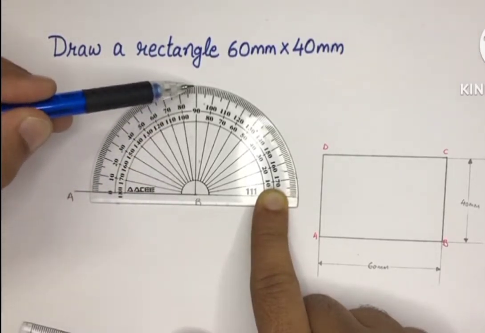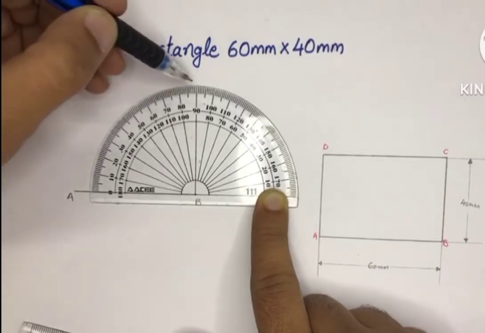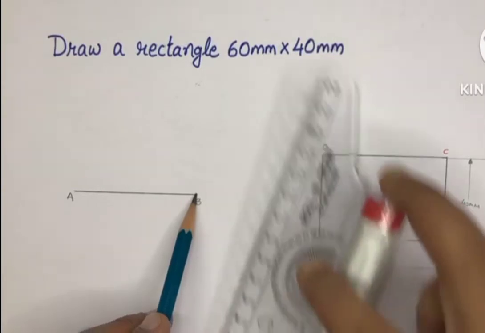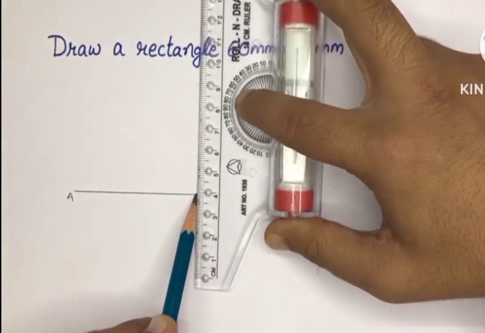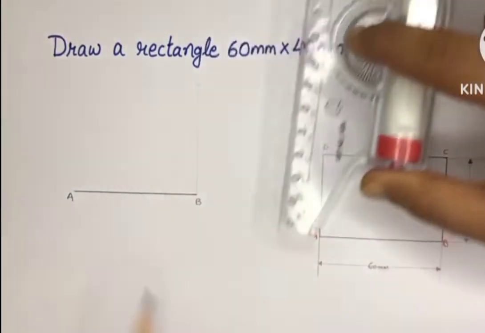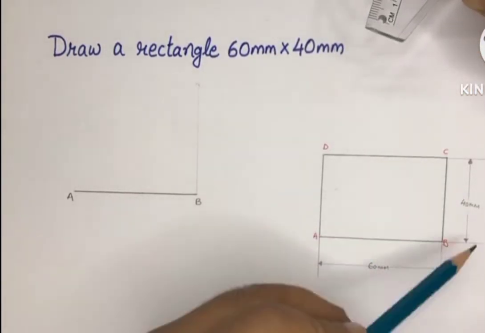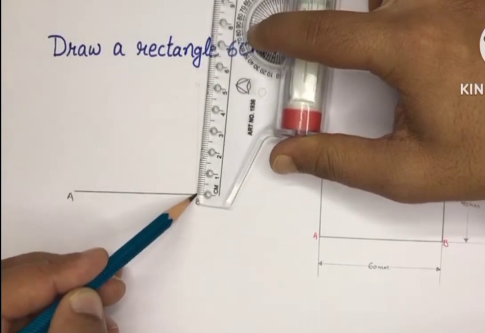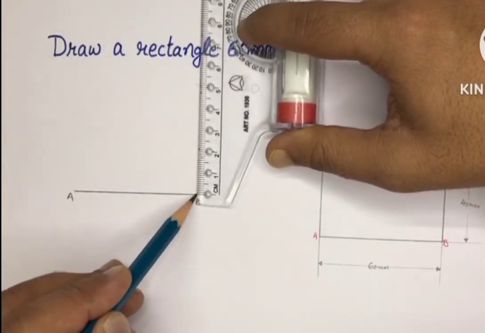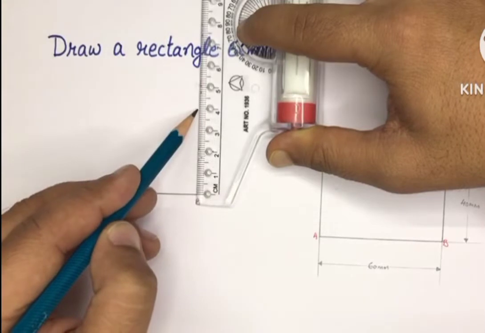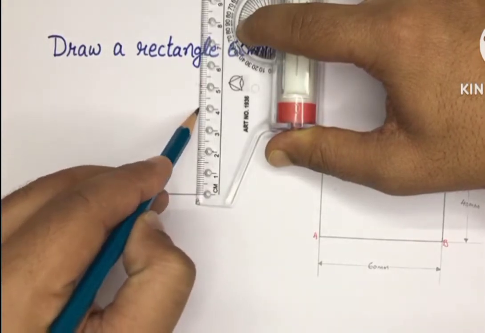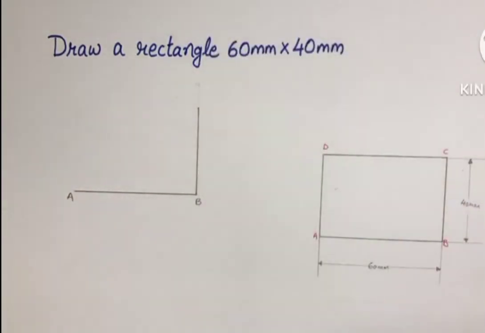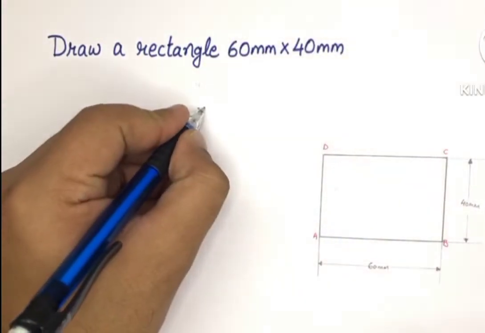Measure 90° here and draw a vertical line. Then side BC is 40 mm. Measure 40 mm from point B and draw the vertical line. So we get point C.